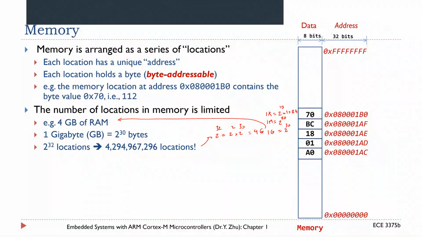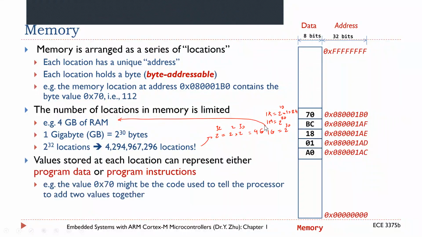So 1 kilo is around 1,000, but it's not exactly 1,000. It's 1,024, and similarly for 1 mega: 1 mega is going to be 1 kilo to the power 2. So these notations would be used in the memory.